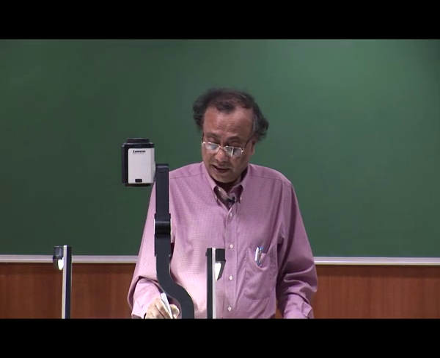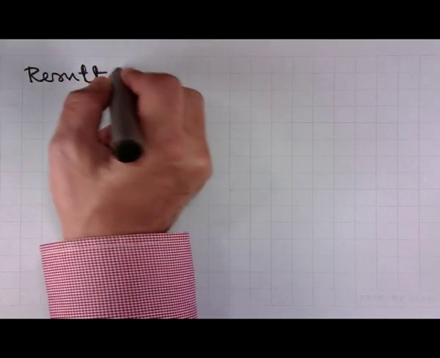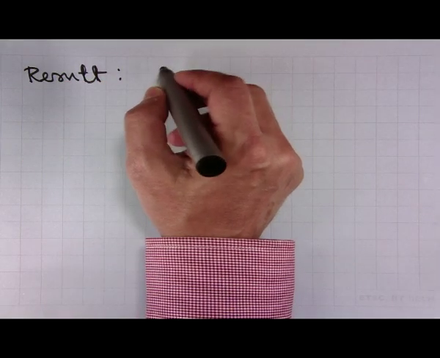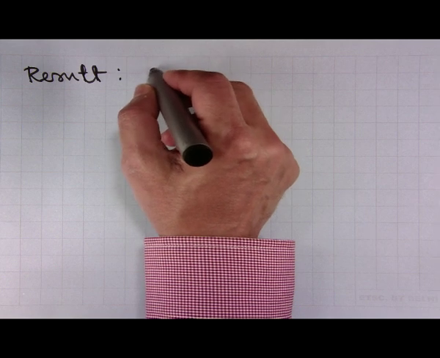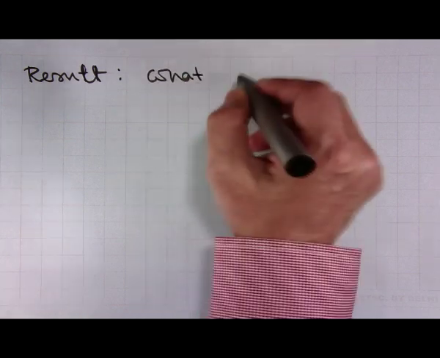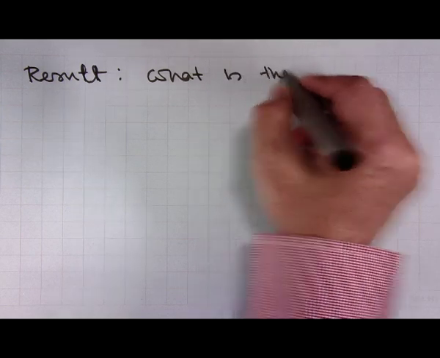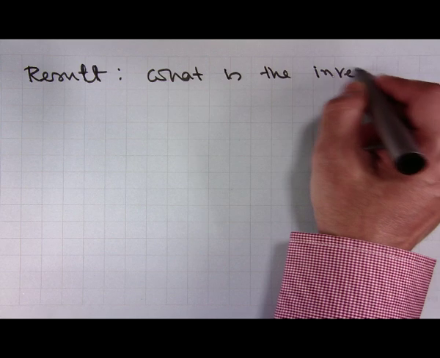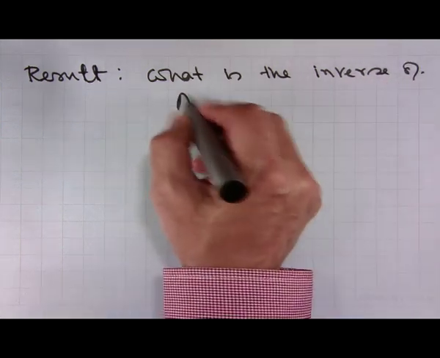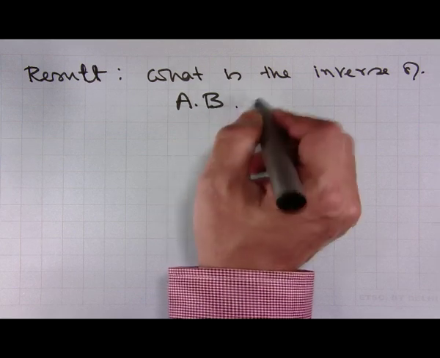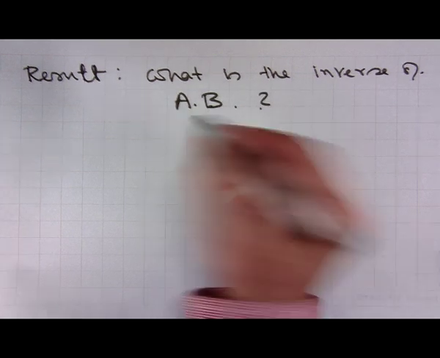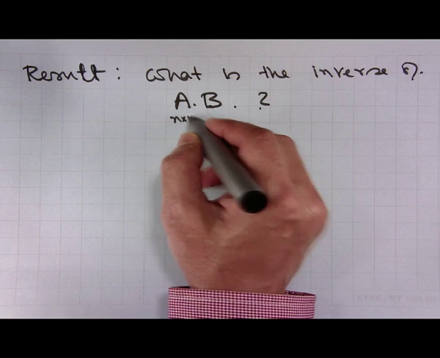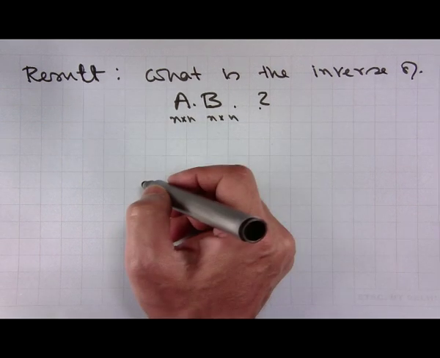An interesting result: what is the inverse of AB, where A and B are two n cross n matrices?